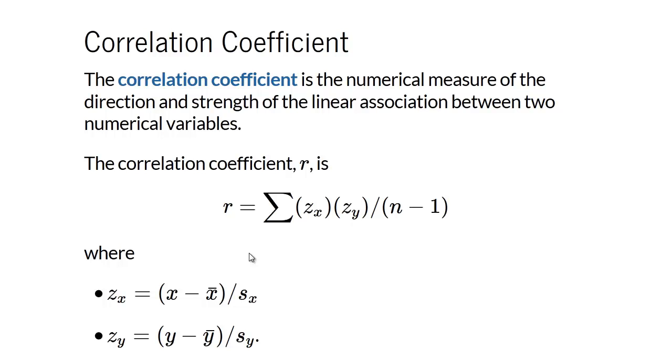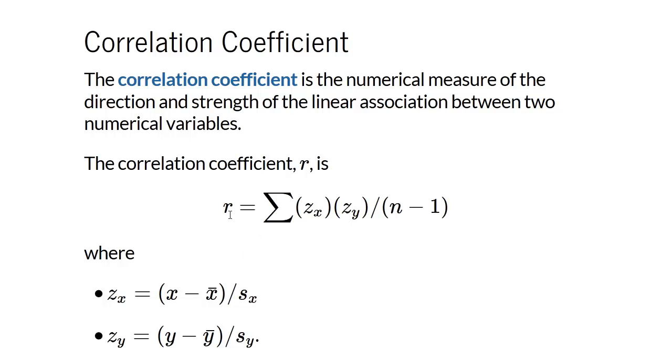The z-score of a value is the number of standard deviations that value is away from the mean. In other words, the z-score for an x value would be given by this equation: x minus the average of the x's divided by the standard deviation for the x's.